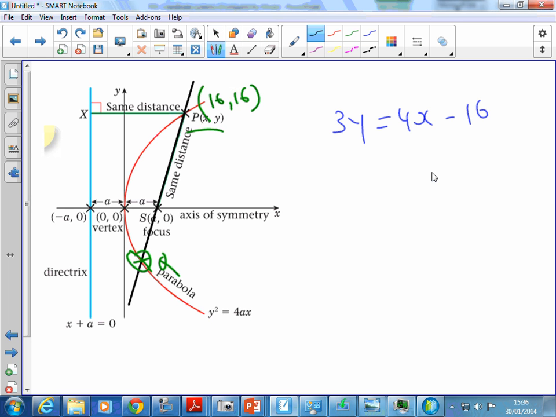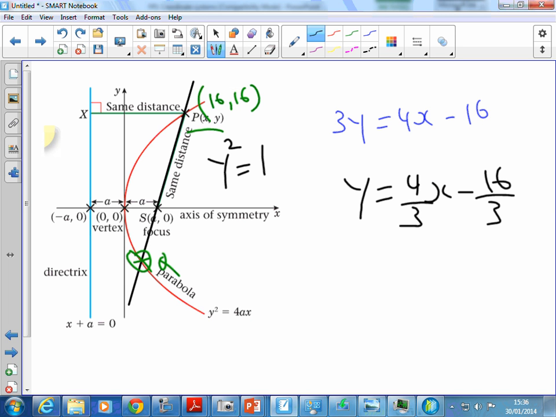I'll make y the subject. Doesn't really matter. And we know that the equation of the parabola is y squared equals 16x.